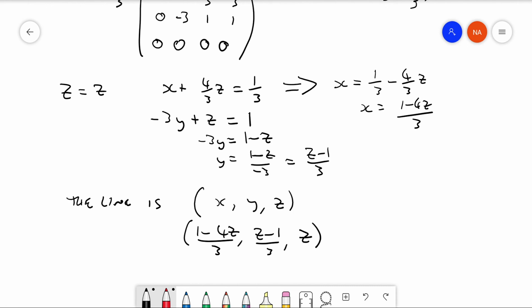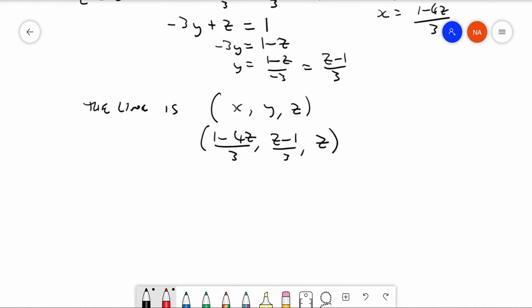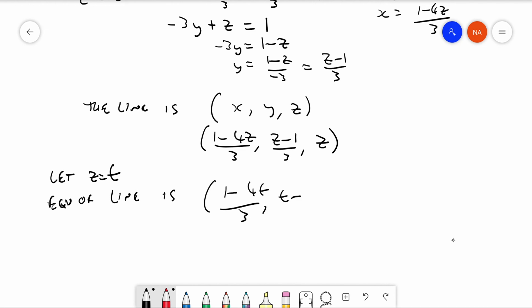And then to work out points along that line, if you wanted to, you just try, Z could be anything. Z could be 0, 1, 2, 3, 4, 5, and you get lots and lots of points, and they would all be in a straight line. This is not the standard form. This is correct, but usually we bring in a new variable. Let Z equal t, and then the equation of the line is 1 minus 4t over 3, t minus 1 over 3, and t.